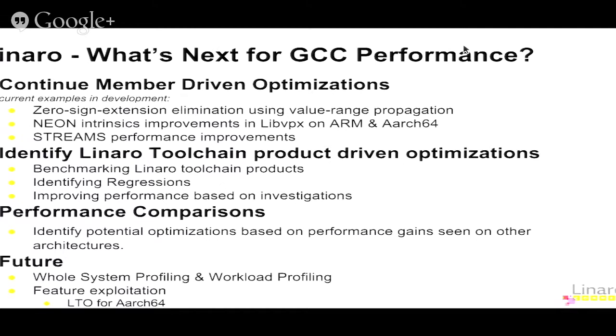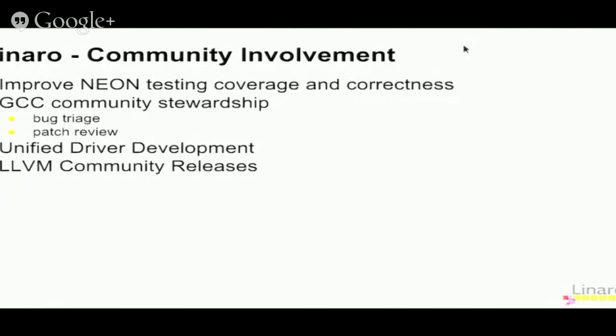We also do performance comparisons, so if we look at performance of a specific feature on another architecture, and we benchmark it with and without that feature, we want to see the same gains on AArch64 and ARM. And finally, we also look at feature exploitation, such as making the most of LTO and AArch64, whole system profiling, and workload profiling. Those are two things that we really want to get into going forward.